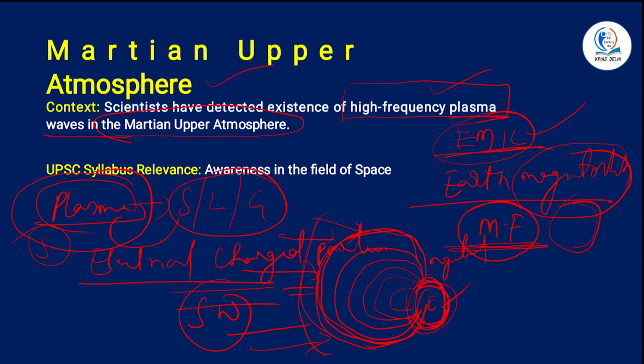So this is the basic thing you need to understand about the plasma. So as I told you, what is plasma is clear. It is short-term fluctuations which happen because of electric and magnetic field observations that are prevalent within the magnetosphere, or within the magnetopause of that particular planet.